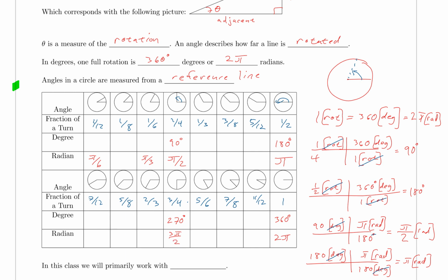And then here for 1 rotation, we have 2 pi radians. So kind of get a feel for the pattern going on.